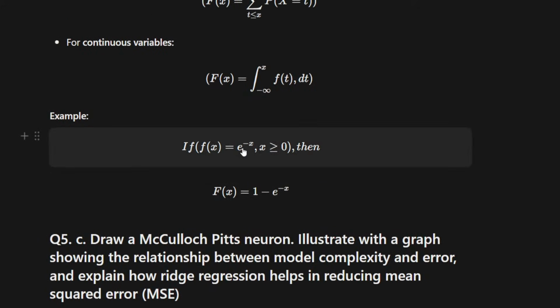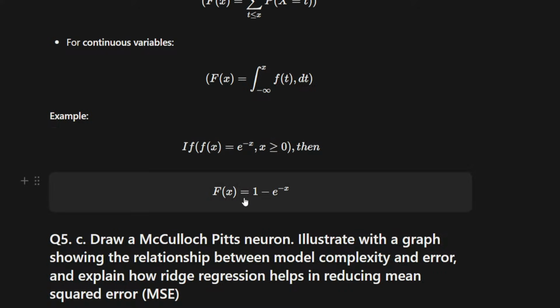This is just an example of CDF. The function f of x equals e power minus x, where x is greater than or equal to 0, has CDF f of x equals 1 minus e power minus x. If you substitute x to be 1 or 2 or any number, you get the CDF directly.